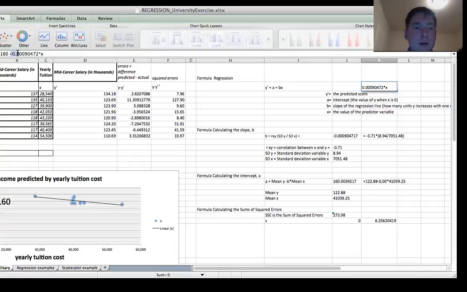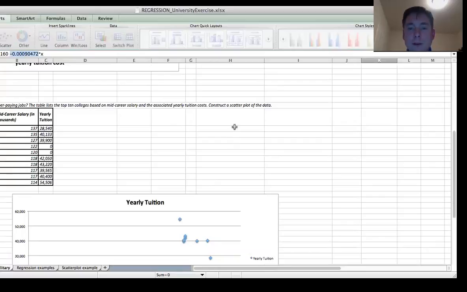0.009. I'm just going to create a new little field here. If you pay $10,000 more, you should get minus 0.009 times 10,000 more in salary.